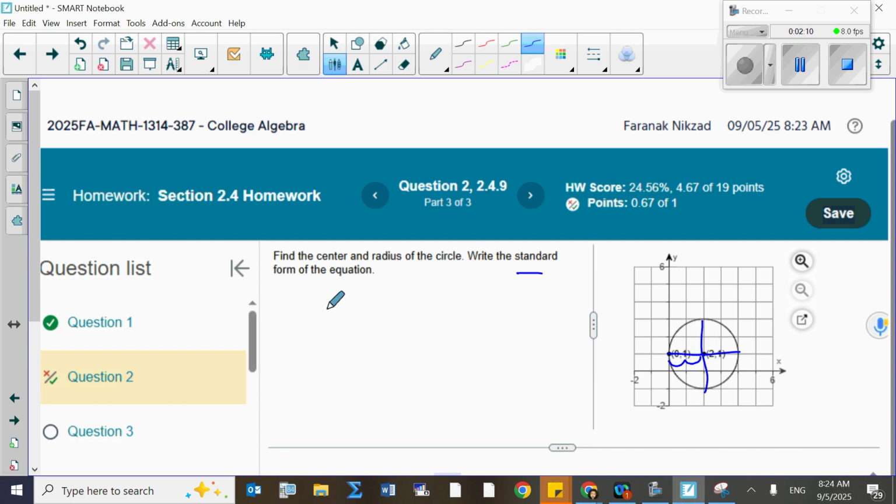Now the standard form is x minus h squared plus y minus k squared equal to r squared. So I can write x minus 2 squared plus y minus 1 squared equal to 2 squared, which is 4. So that's the equation.